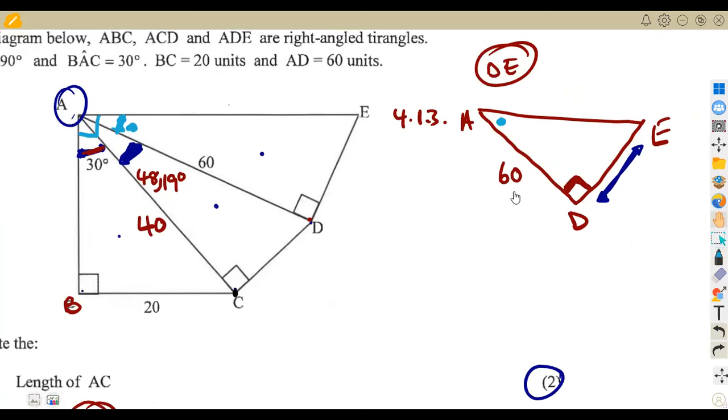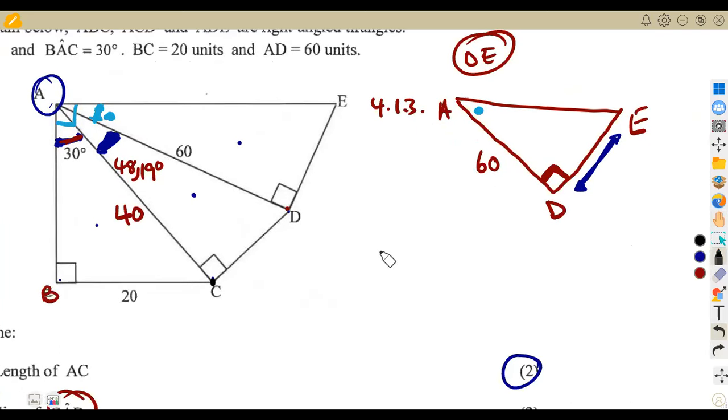It means that if I combine the angle of 30 degrees plus the angle of 48,19 degrees plus this angle, which you can write as DAE, or you can just write as angle A.